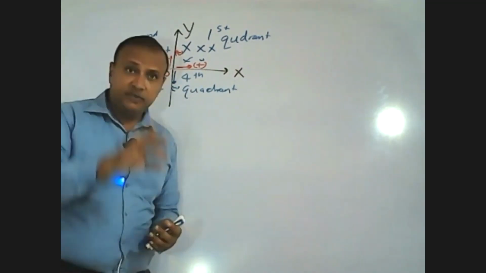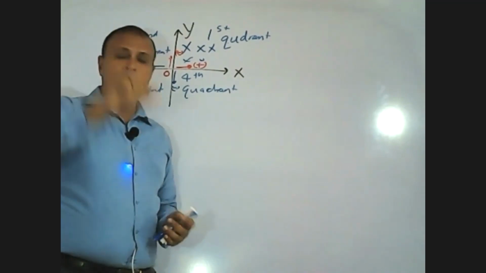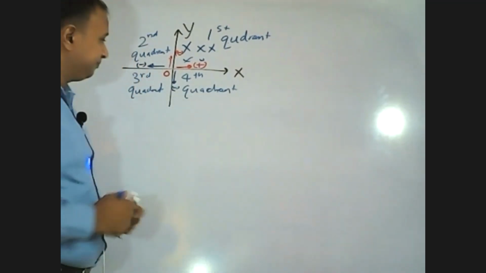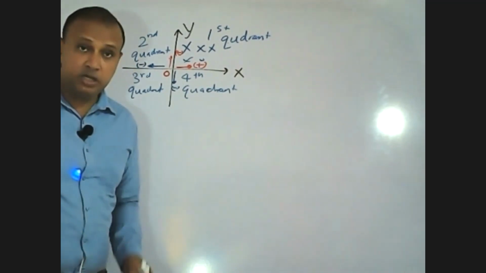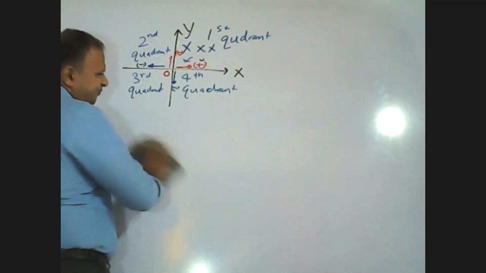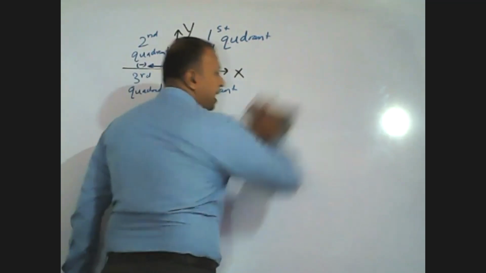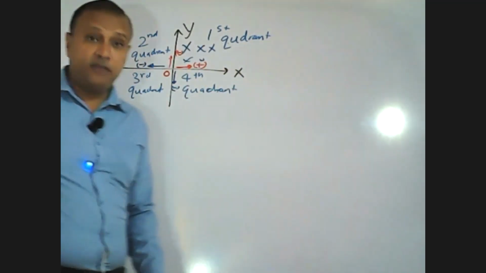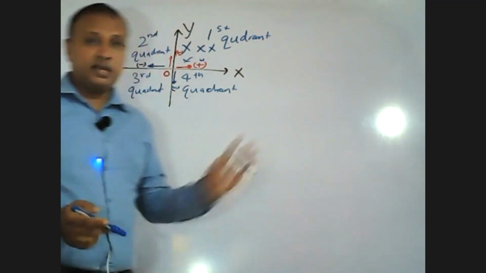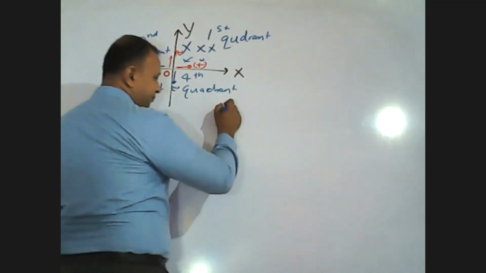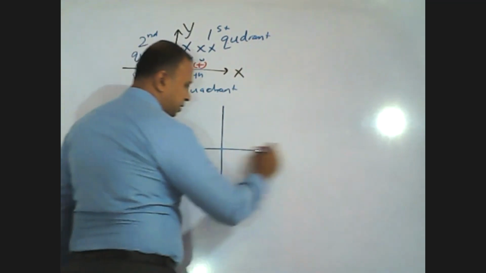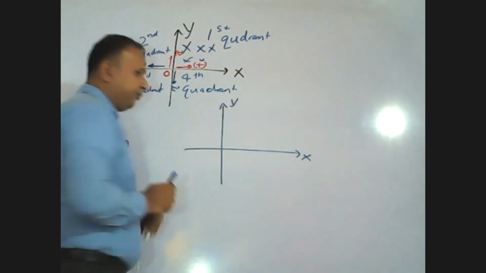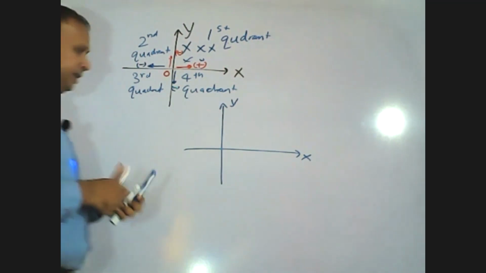Then after that we have defined the perpendicular projection of a line segment on each axis. That means something like this.